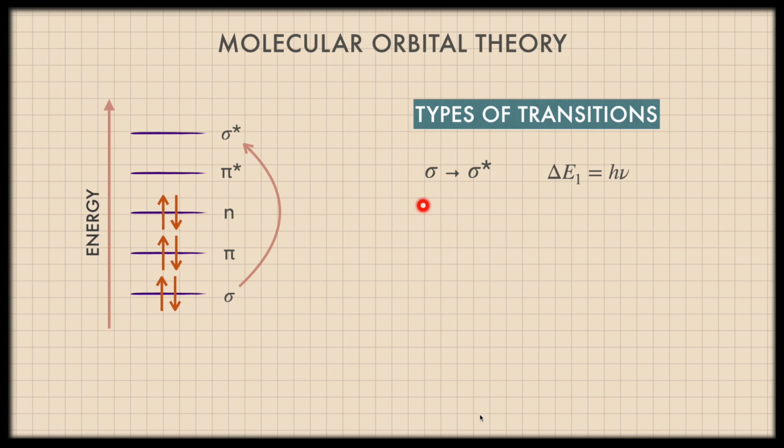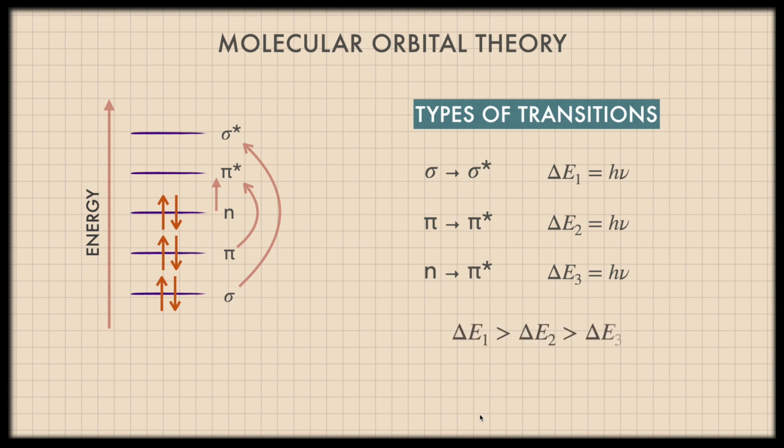So this is sigma to sigma star. Then you can have a pi to pi star, jumping from there to there, that's known as pi to pi star. Then we can also have n to pi star, so from the non-bonding to the pi anti-bonding molecular orbital. Okay, so we can generalize in this way.